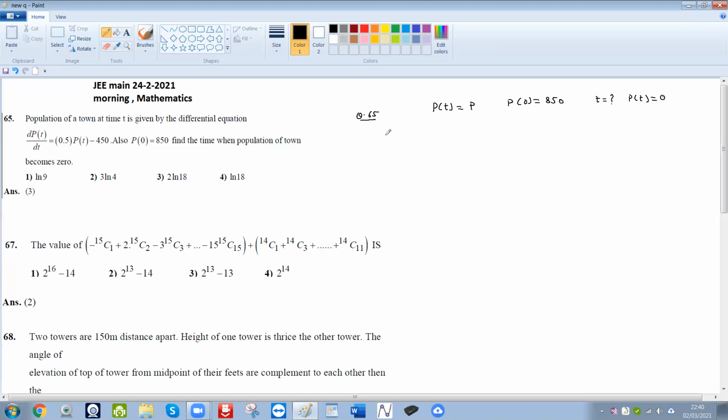Now differential equation can be written as dP by dt is equal to 0.5, I am writing as half, P minus 900. This can be written as, now applying the method of separation of variables.